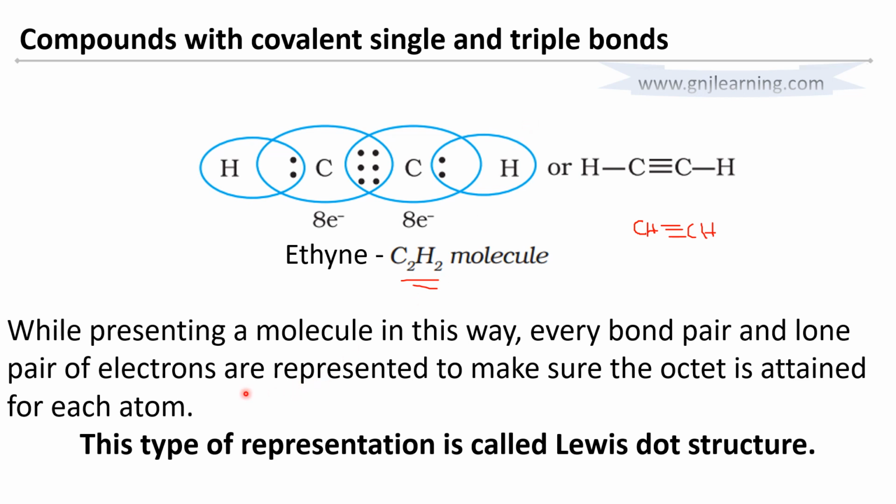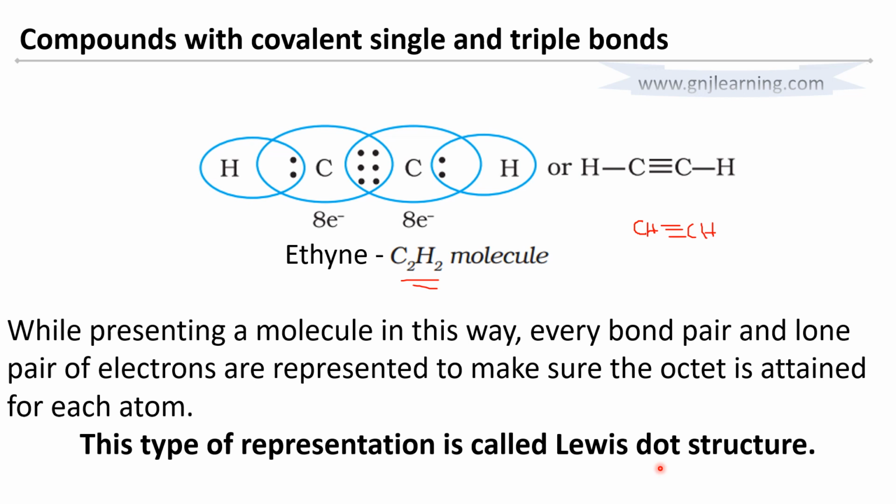This will make sure that every atom in that molecule has attained octet. This type of representation is called Lewis dot structure. Whenever you are representing a molecule, every atom must have all its bond pair and lone pair around it. This is the Lewis dot method of presenting a molecule.